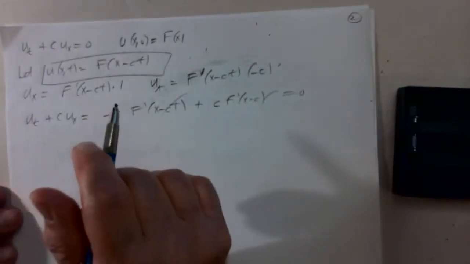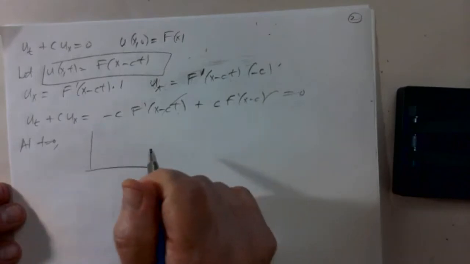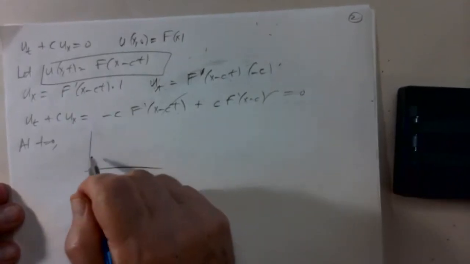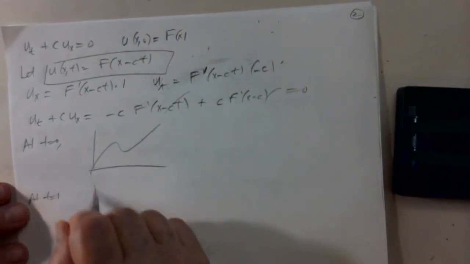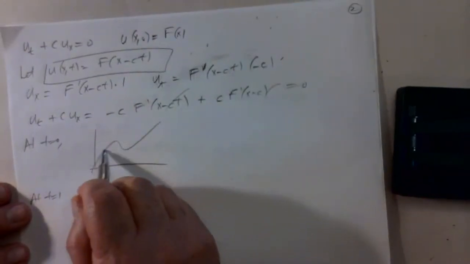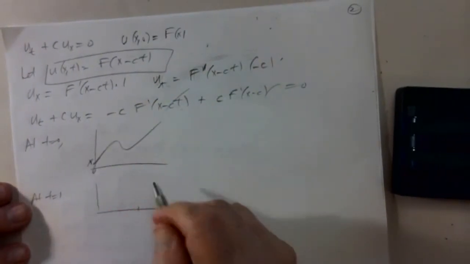And it tells us the following. Suppose at t equals 0, the graph of the solution is some function. At t equals 1, the graph of the solution is this function translated by c.